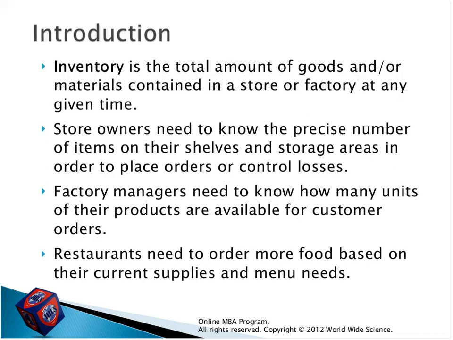Factory managers need to know how many units of their products are available for customer orders as well. And a restaurant needs to know how much more food they have, based on the current supplies and the menu needs.